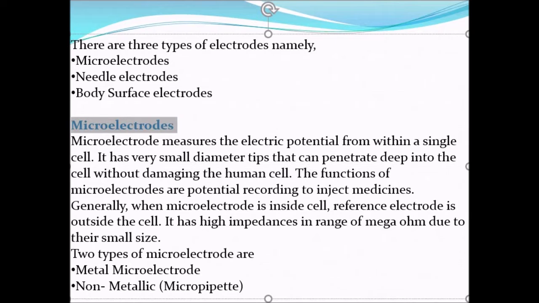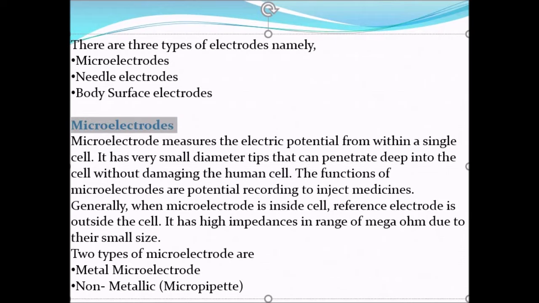When a microelectrode is used to measure the biopotentials of the cell, it is located inside the cell, and the reference electrode is situated outside the cell.